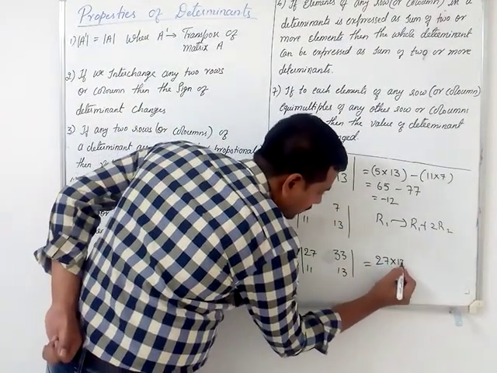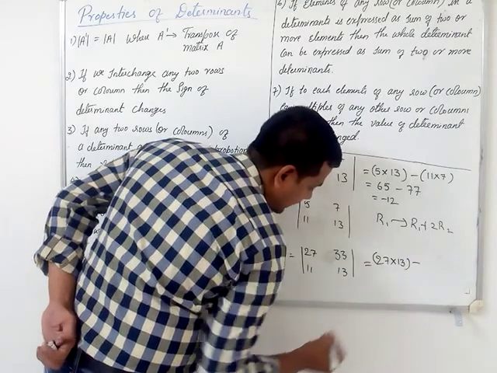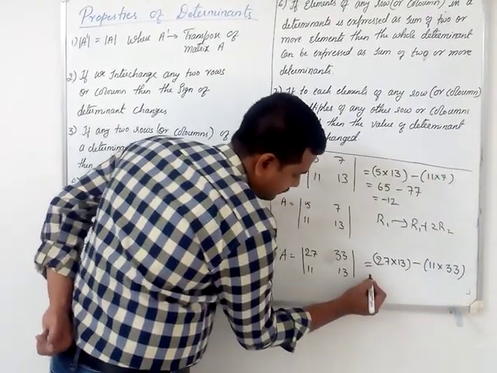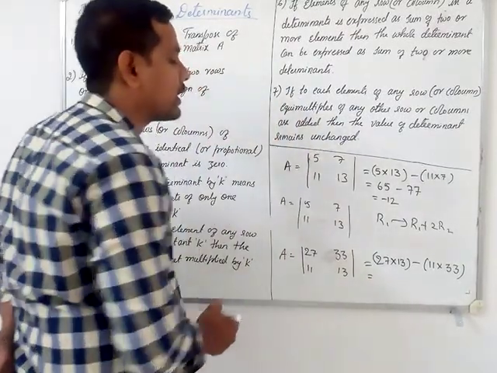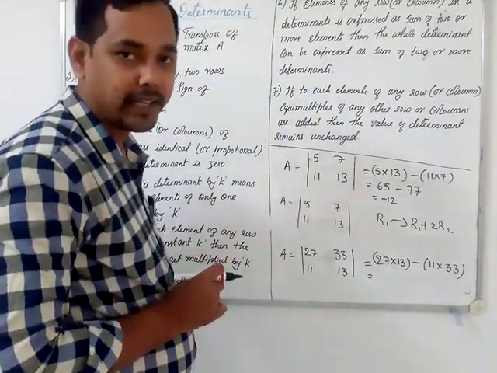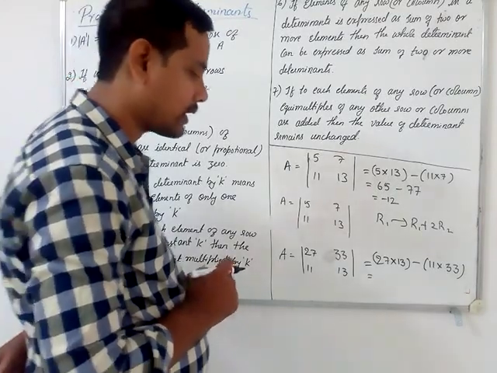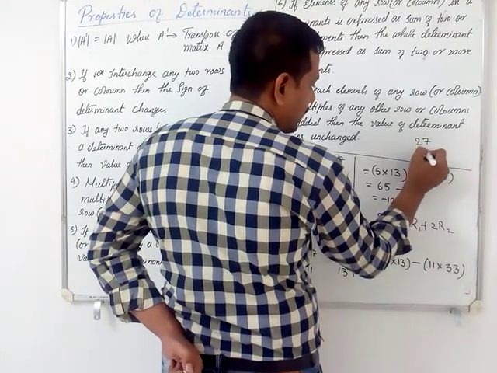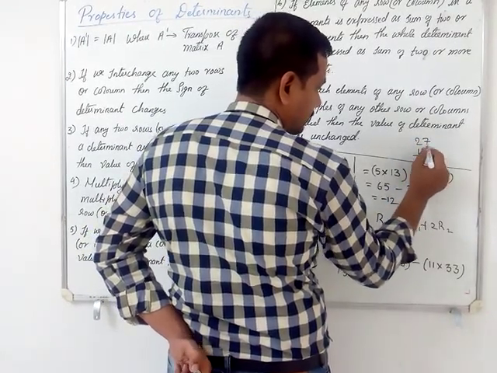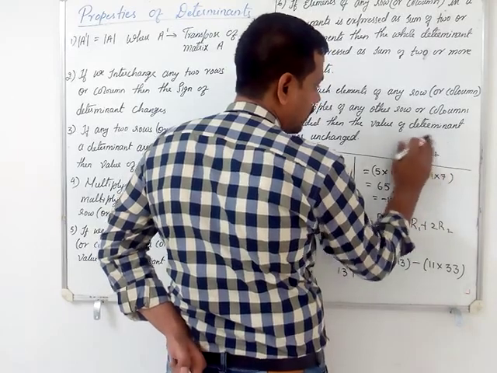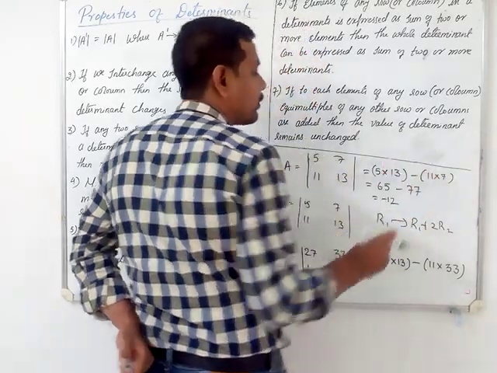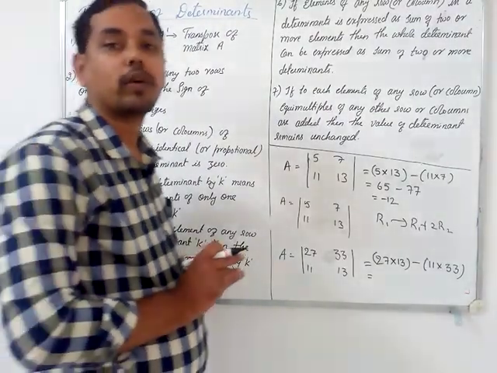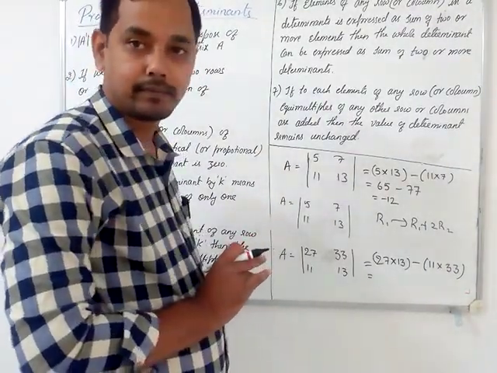Now if I take the value, it is 27 into 13 minus 11 into 33. So 27 into 13: 27 into 10 is 270, and 27 into 3 is 81.